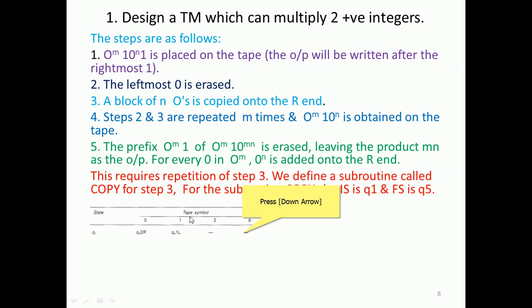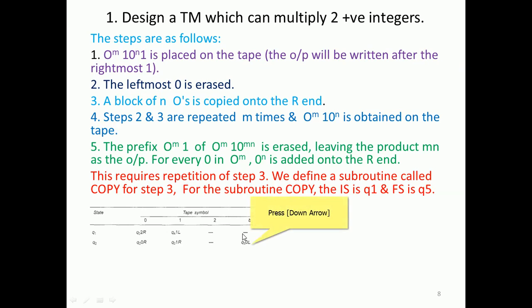Similarly, when the tape symbol is 1, it goes to the next state, Q4, and 1 is replaced by 1 and the head moves left. 2 and blank are not applicable. At Q2, when 0 is read, it remains in the same state, 0 is left undisturbed and the head moves right.